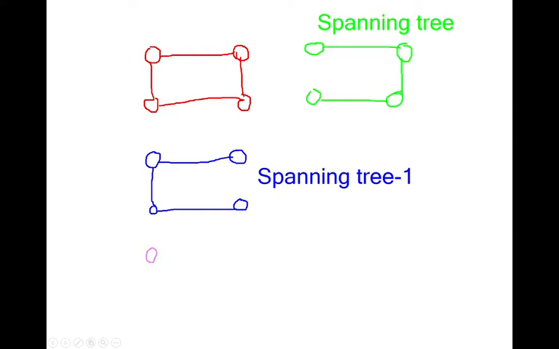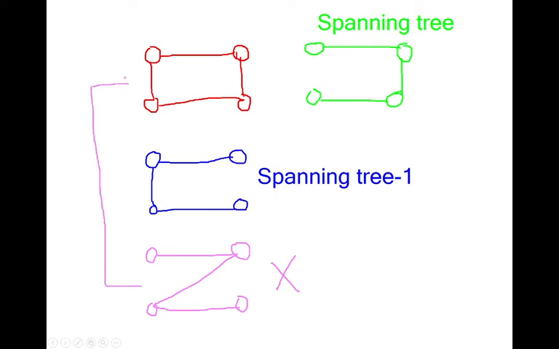This time I am going to make an incorrect spanning tree just to make sure that you understand how it works. Now this is a wrong spanning tree because this tree is not contained within this graph. This edge does not exist in the original graph, so that is why we cannot extract such a spanning tree.